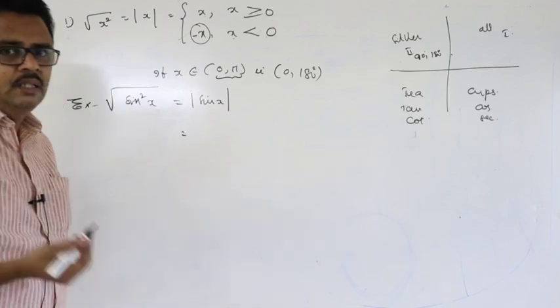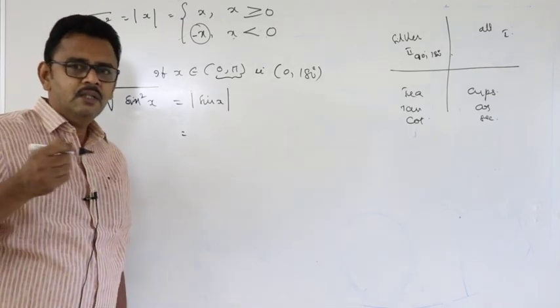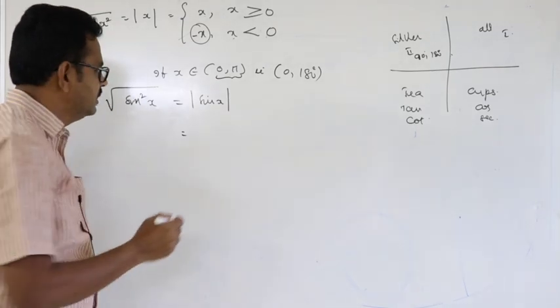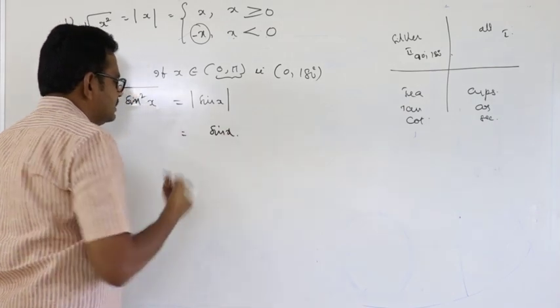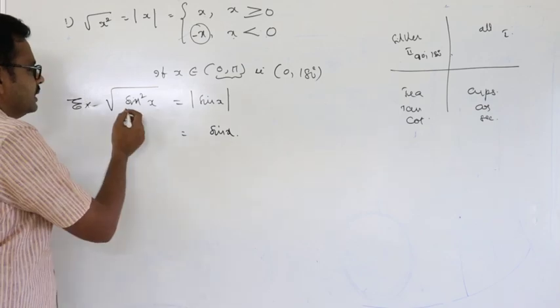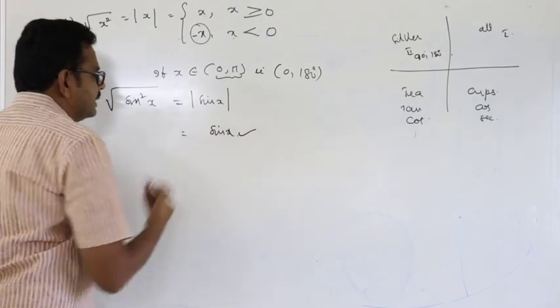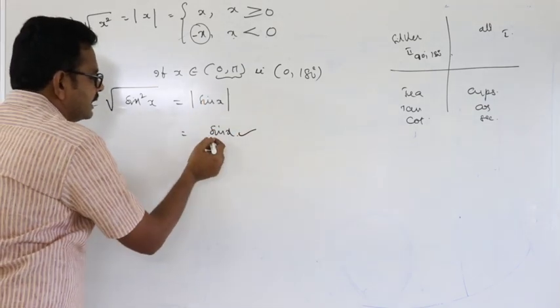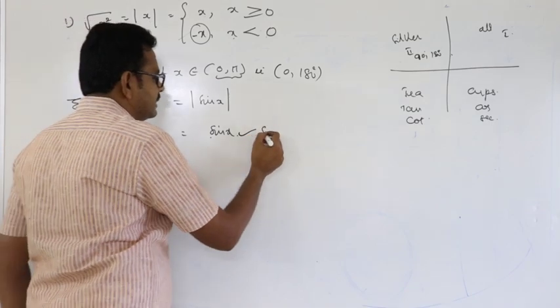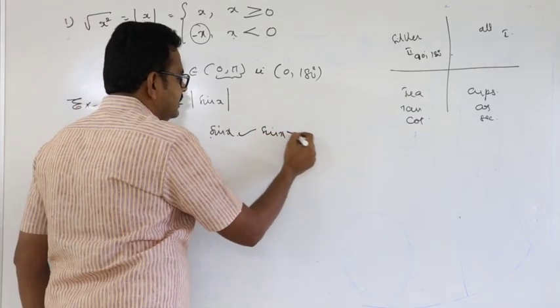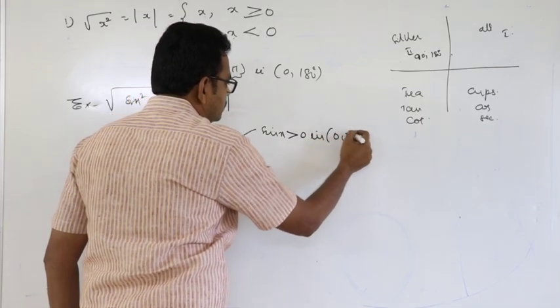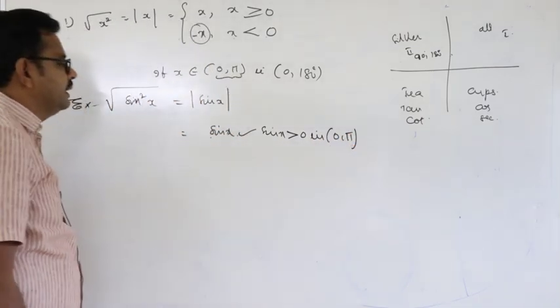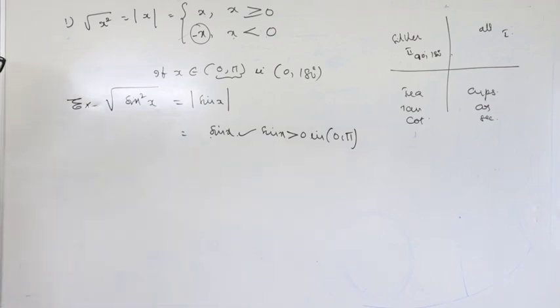In the first quadrant sine is positive, in the second quadrant sine is positive. Therefore mod sine x is plus sine x. So root of sine square x equals sine x, because sine x is greater than 0 in the interval 0 to pi.